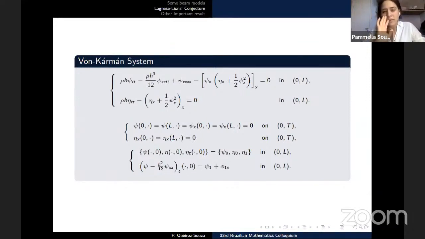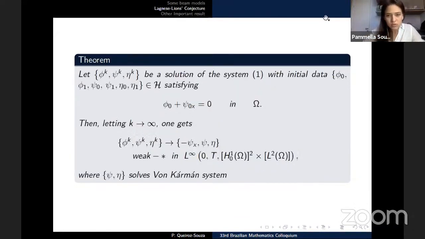Let me just comment that in the Mindlin-Timoshenko system, we have a problem with three coupled equations, but when we pass the limit as k goes to infinity, we have the von Karman system. It means that we have two coupled equations, and that the rotational effects are neglected.